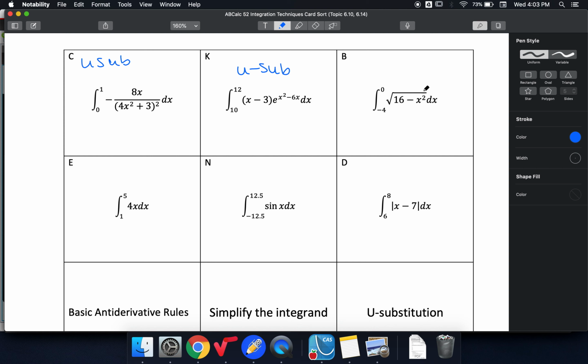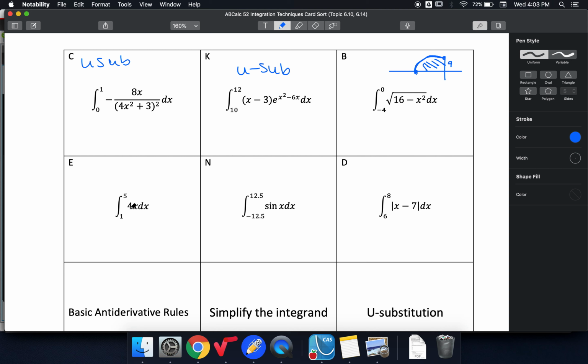So just thinking about the shape of this graph, it's going to go through 0, 4. Plugging in -4, I'm going to go through 0. In between the rest of those is a quarter circle with a radius of 4. So this is geometry, just using my area under the curve.